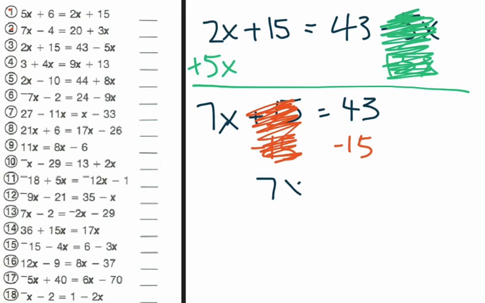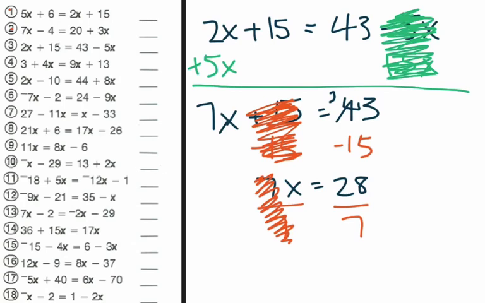And we're going to get 7x equals whatever 43 minus 15 is. Let's see, it's going to have a 2 and an 8. Okay, so 28. Then we're going to divide by 7. These 7's go away. And x equals 28 divided by 7, which is 4.